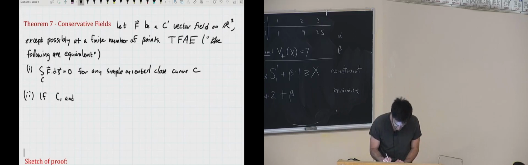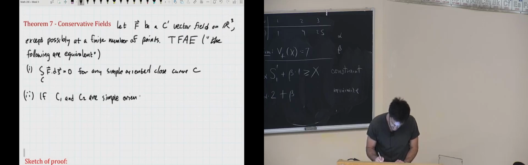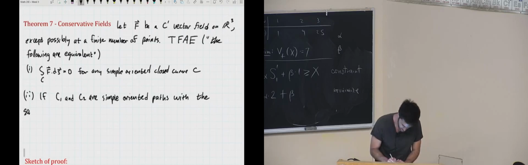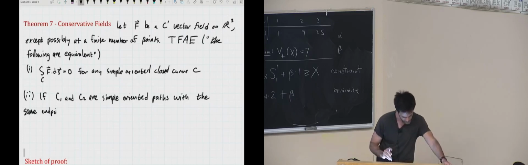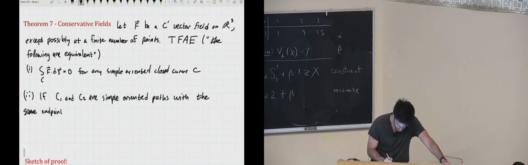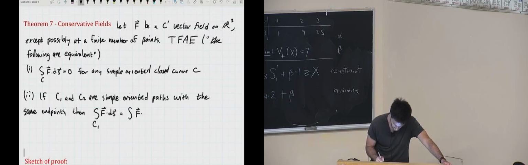If C1 and C2 are simple oriented paths with the same endpoints, then the line integral of F over C1 is the same as the line integral of F over C2.